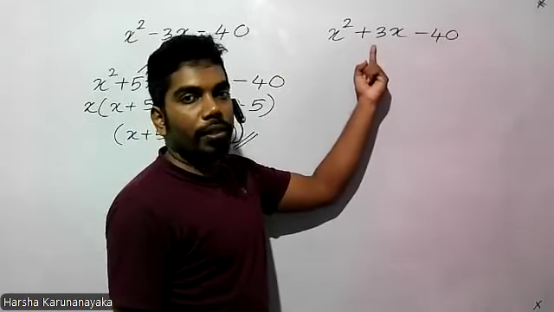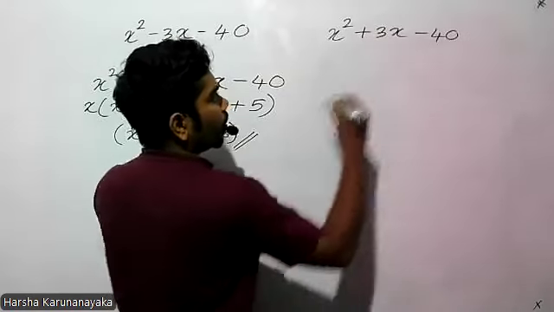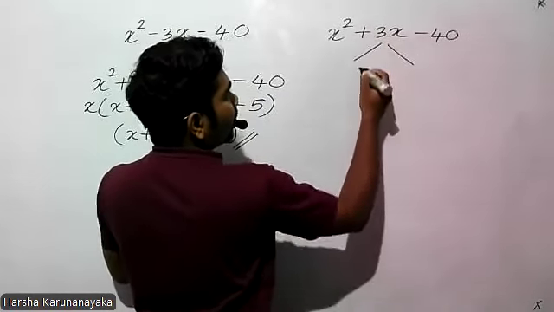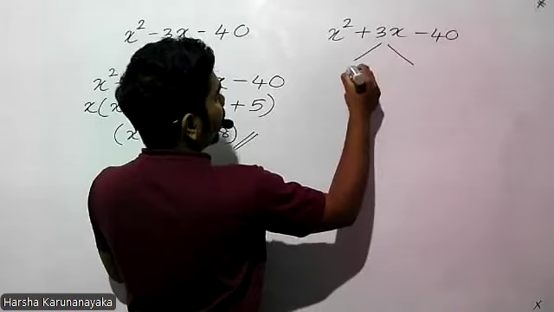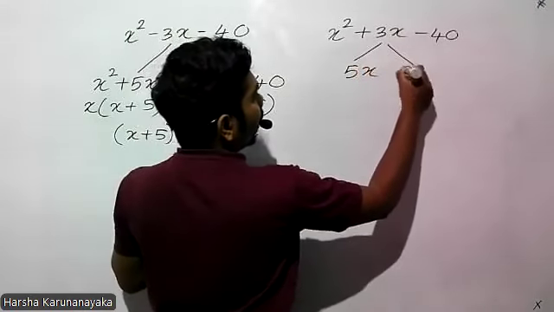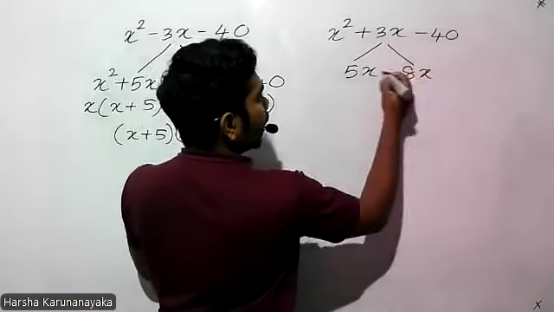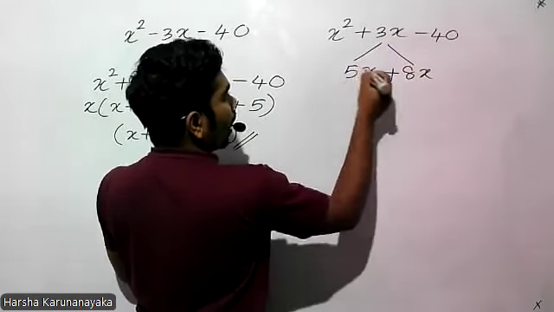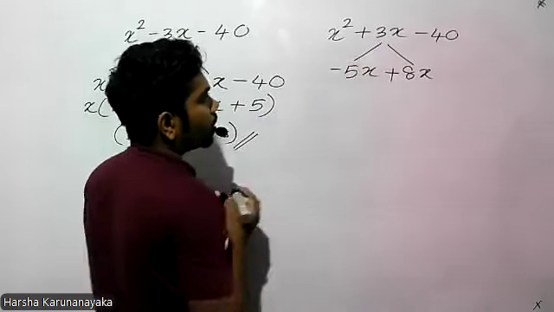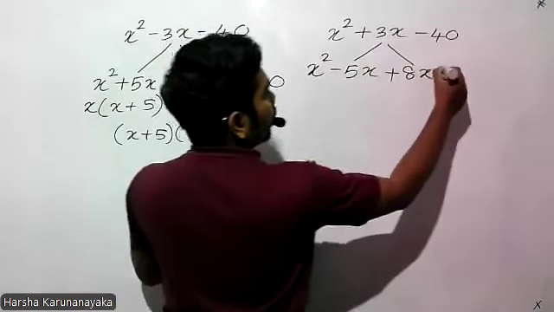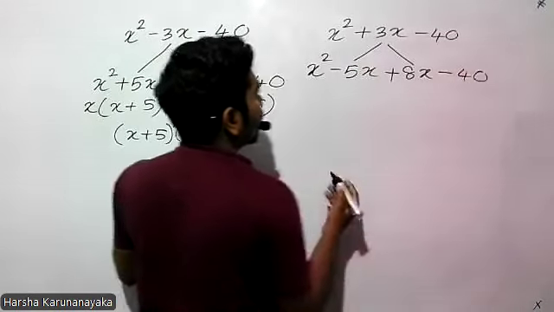In this example, the coefficient of x is plus 3. So we can separate this plus 3x into 5x, 8x. The remaining value is plus 3. So 8x is plus and 5x is minus. x squared minus 40.